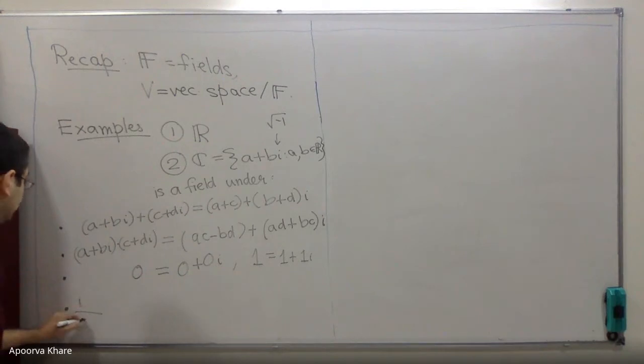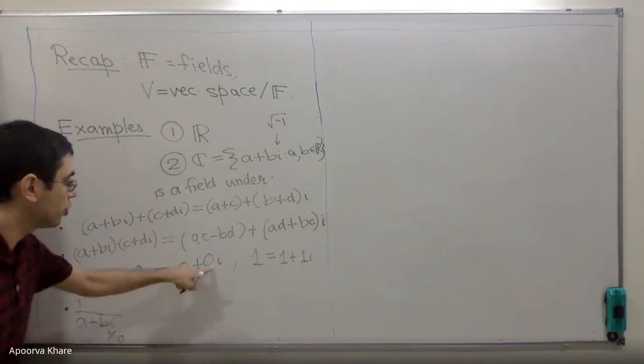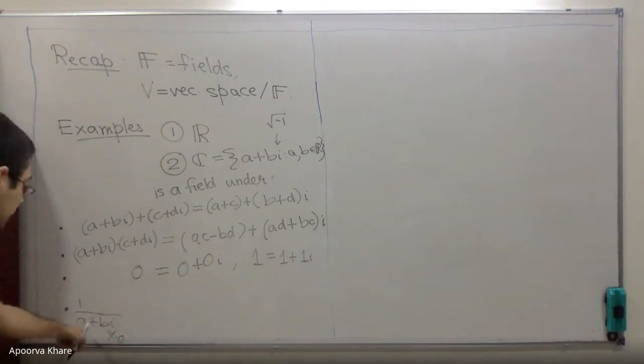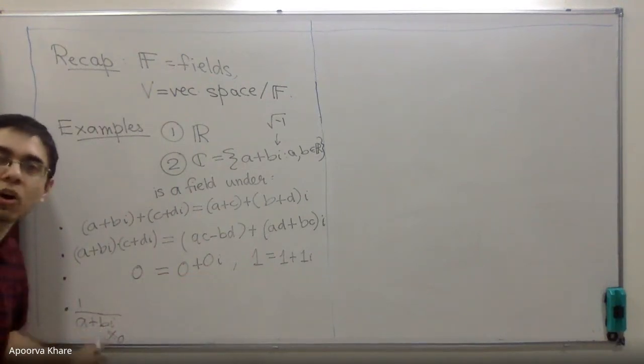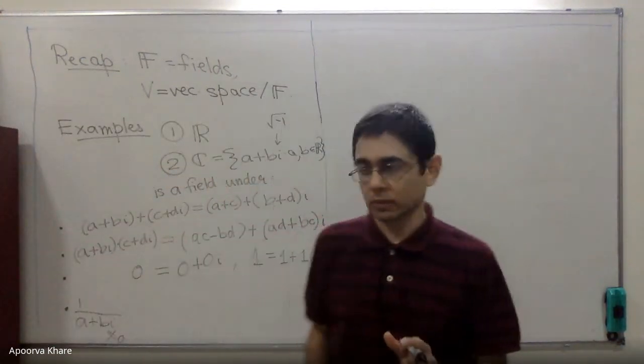And what does it mean to say this is non-zero? Well, the zero element is when both the real and the imaginary part are 0. So a plus bi being non-zero means either a or b is non-zero, or both are non-zero.